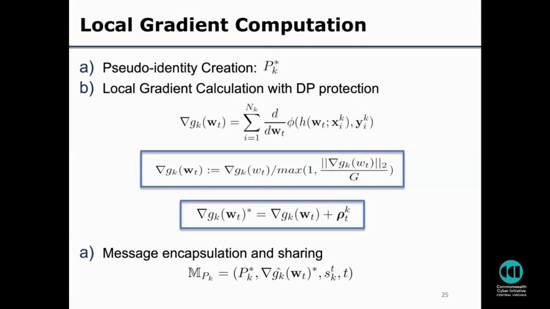The second step is to calculate the local gradients. To protect the privacy of local gradients before uploading to the blockchain platform, we add a noise vector here, rho. Then we can prevent the attacker from inferring sensitive information from this local gradient.